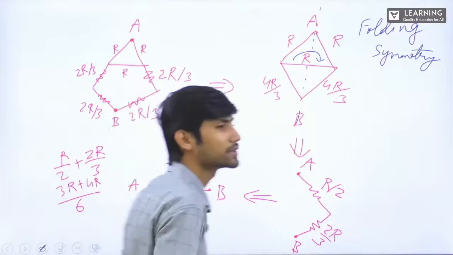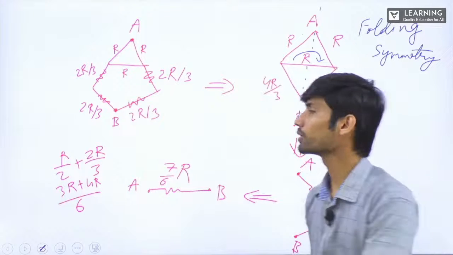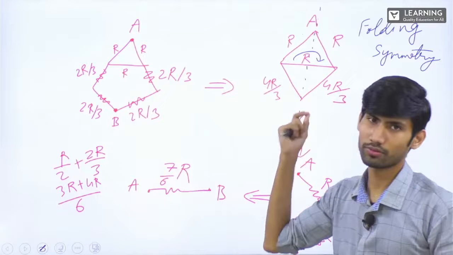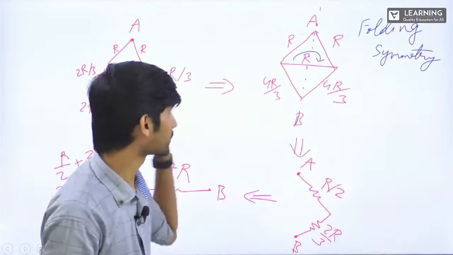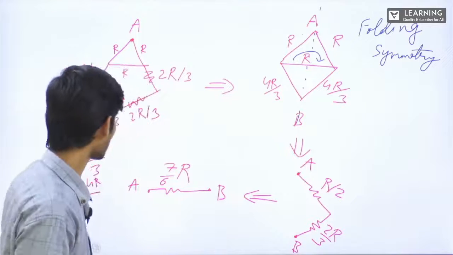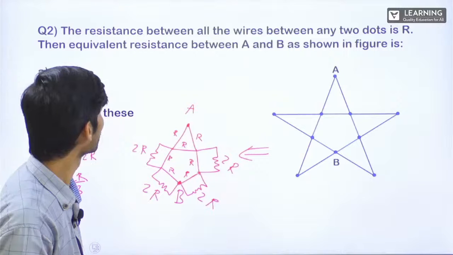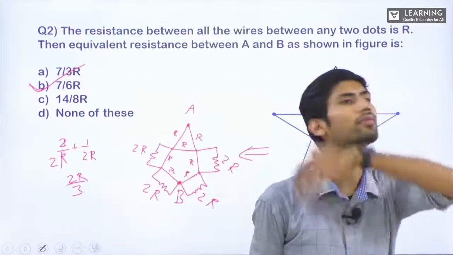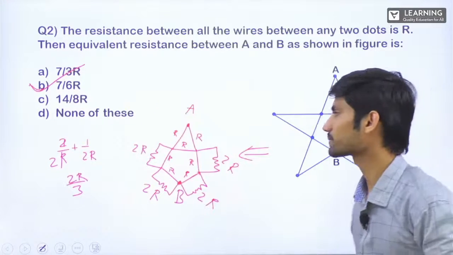That is the equivalent resistance between A and B. I hope you got this. Easy question. Just here there was something which you already studied, you just have to recall it. 7 by 6R, B is the answer. Done?